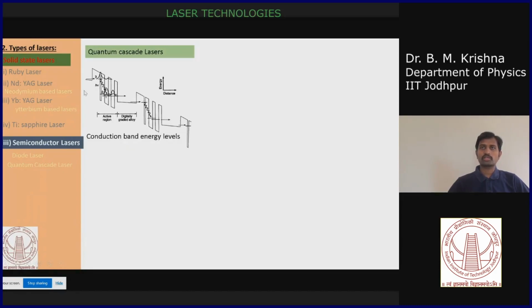These electrons will tunnel through with the tunneling phenomenon. Then you have band gaps created in the conduction band. These are all sub bands. So you have transitions within the sub bands. That means in the conduction band you have sub bands, and within the sub bands you have transitions.